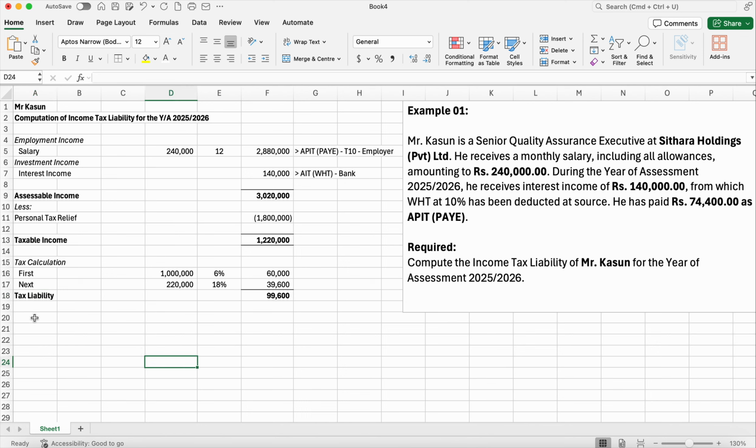Then what he can deduct is the tax credit, the taxes paid at each source. The employment company deducted APIT, the PAYE tax, and the bank deducted advance income tax of 10%. So let's deduct those as tax credits.